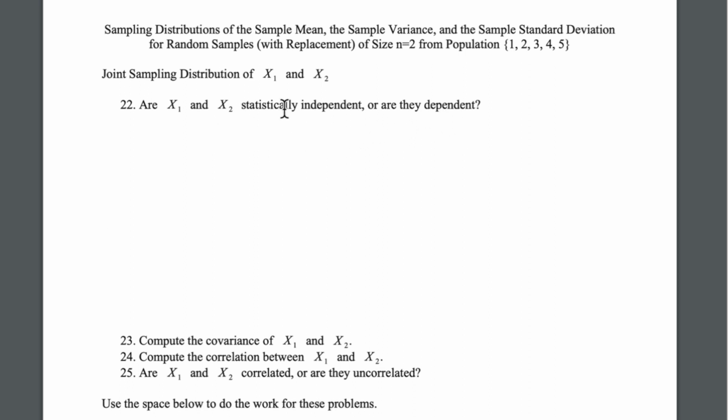Another word for this would be stochastically independent. So stochastically independent or statistically independent, you'll see both of those terms used for this concept. In order to answer this question, we need to look at the joint sampling distribution of X1 and X2, and that's what we're going to look at next.